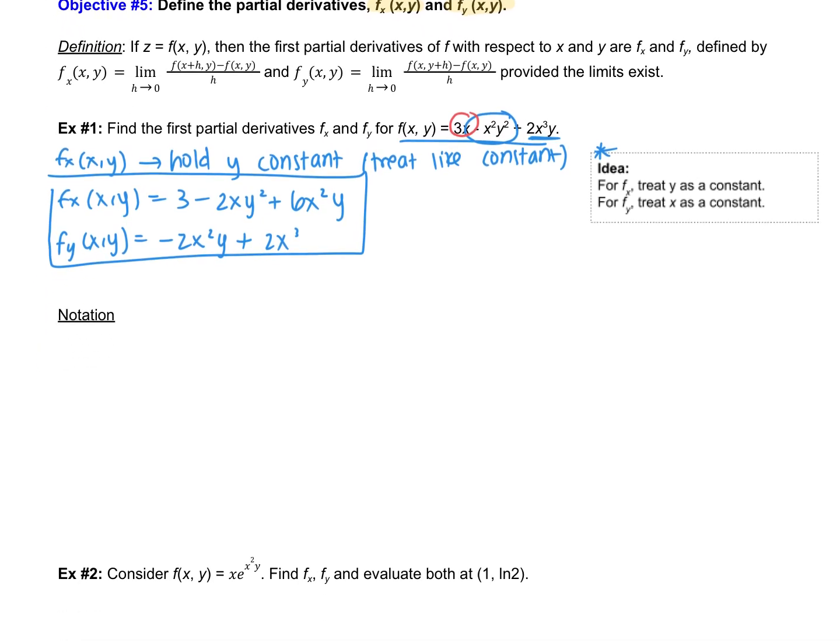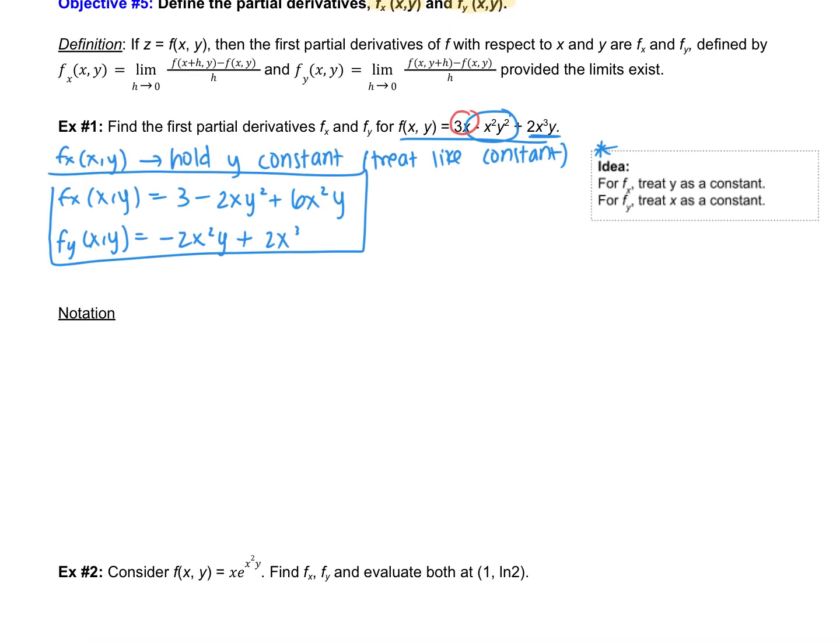Okay, we need to talk about some different notations. So you might see it like this, that's the first partial with respect to f. It's also written like this. And that symbol means partial. So you've seen before df/dx, or probably dy/dx.